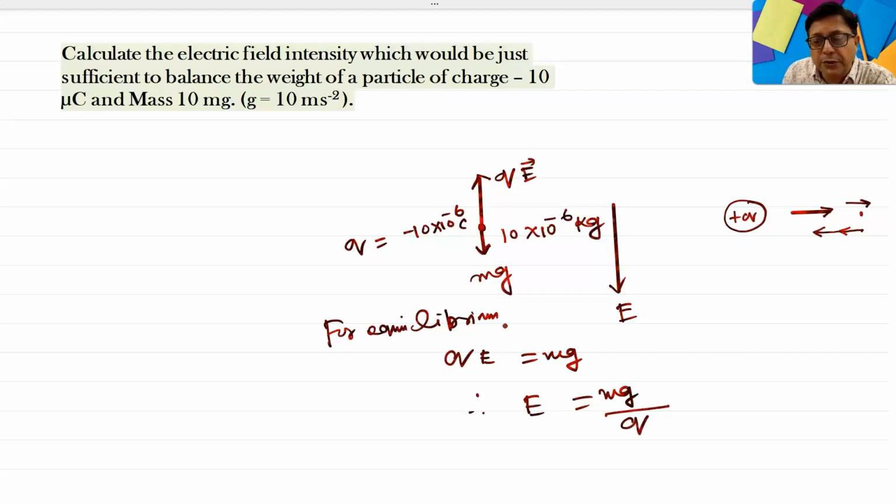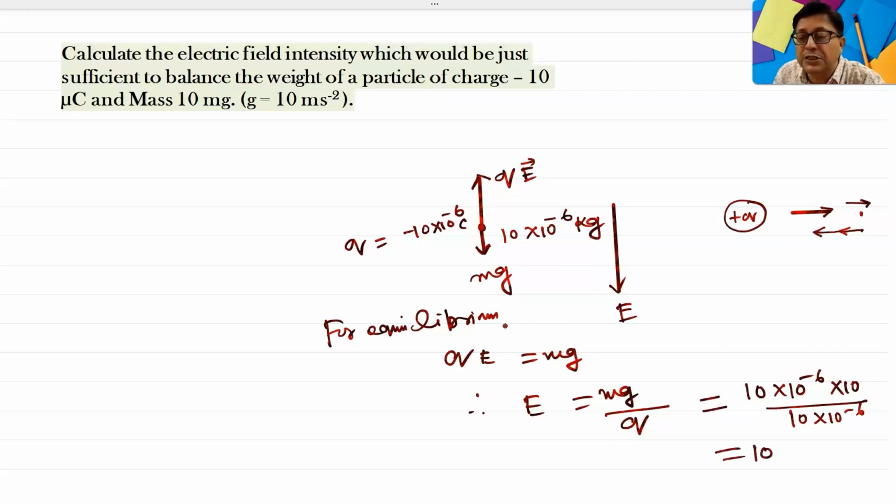Therefore, E equals mg by q. You just substitute the values. mg means 10 into 10 to the power minus 6 into 10, divided by 10 into 10 to the power minus 6. So this is 10 Newton per coulomb. Why Newton per coulomb? Because electric field E equals F by q0.